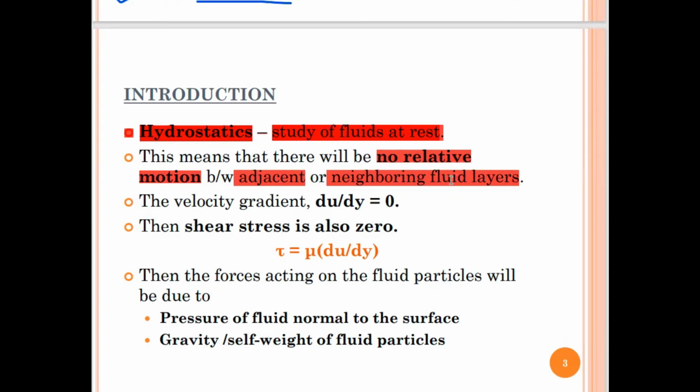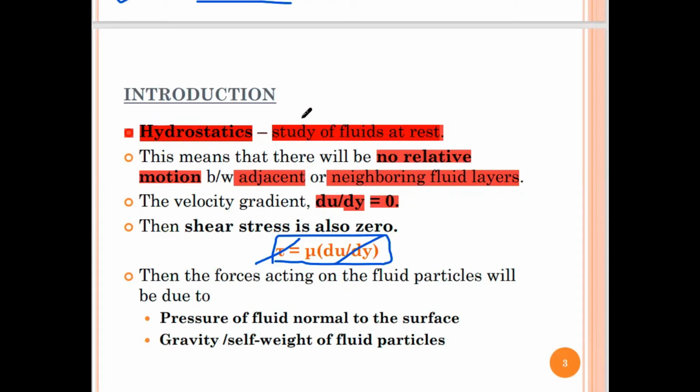That is what hydrostatics means, where the velocity gradient, that is du by dy, is 0. And if the velocity gradient is 0, we know Newton's law of viscosity, that is tau is equal to mu into du by dy. If this du by dy is 0, then tau is also 0.